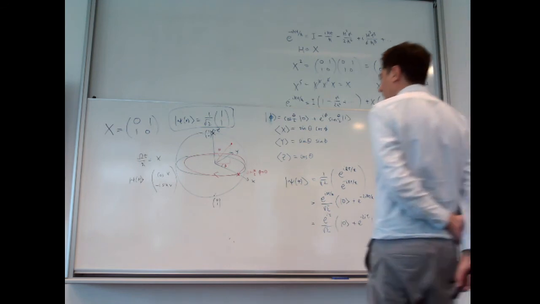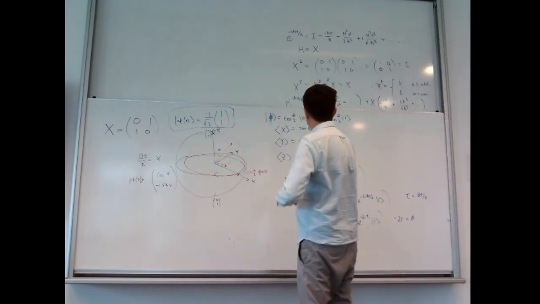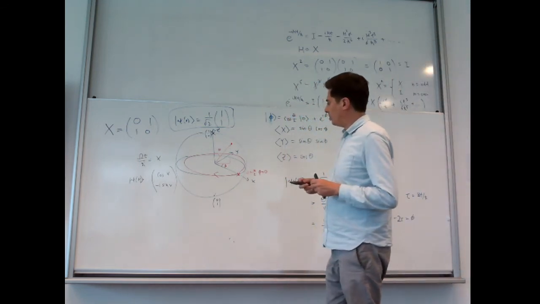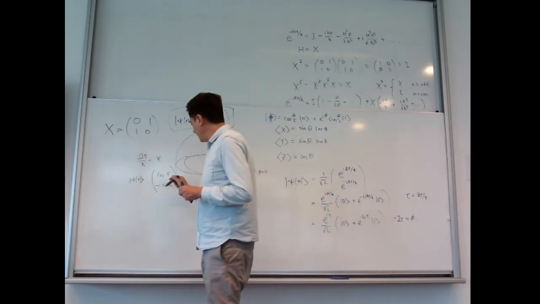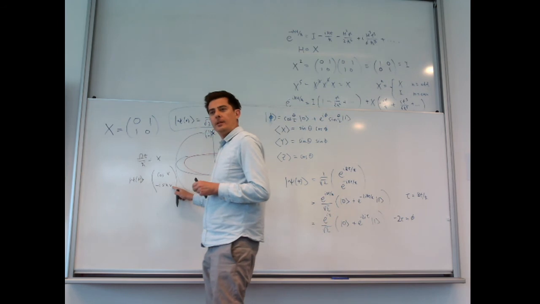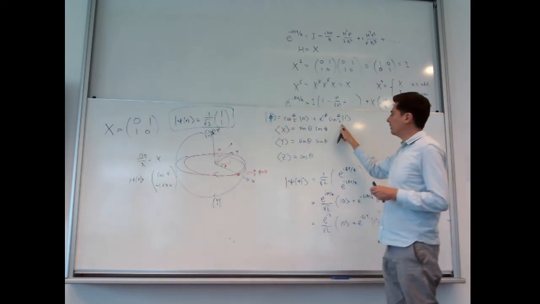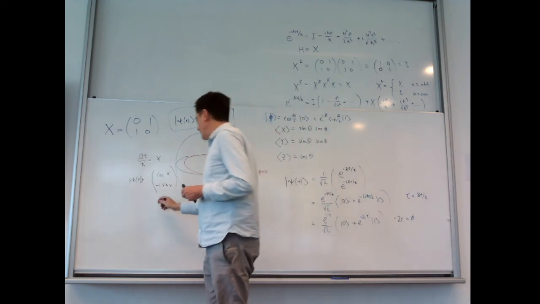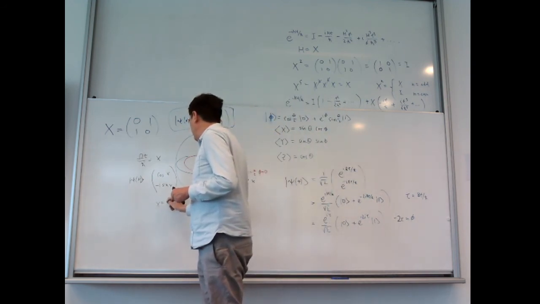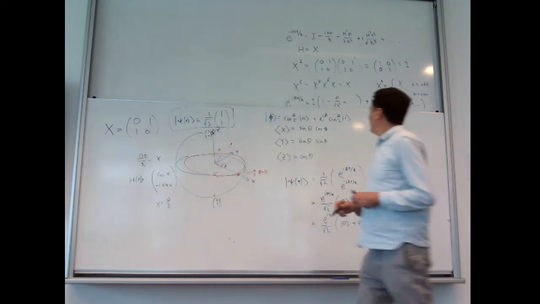Yep, YZ plane, that's right. Firstly it's cosine sine, so it already looks exactly like this one. So we can make an association that x is theta over 2.